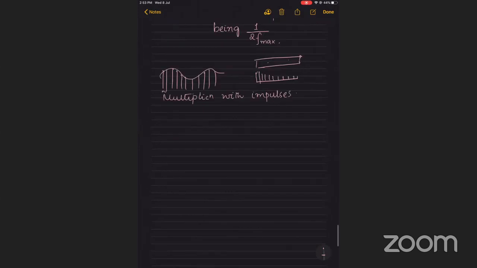Now, here again, what happens is our y of n is related to our x of n by the convolution sum. I'll take it as x of k, h of n minus k. Again, the system is linear time invariant. This is k is equal to minus infinity to infinity, n is equal to minus infinity to infinity.